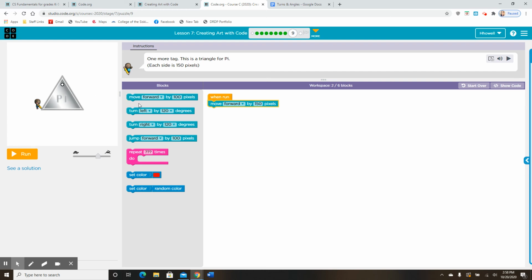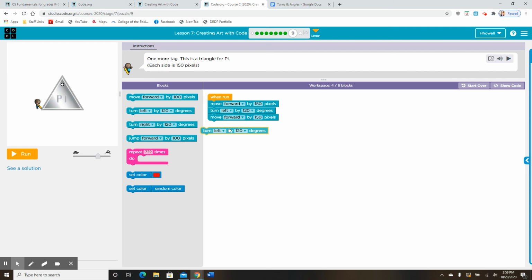Now, with the angle, I need to turn left. And does 120 degrees look good? Oops. So if I take my mouse off the pointer, it kind of changes. So does that look like the right angle? I think so.